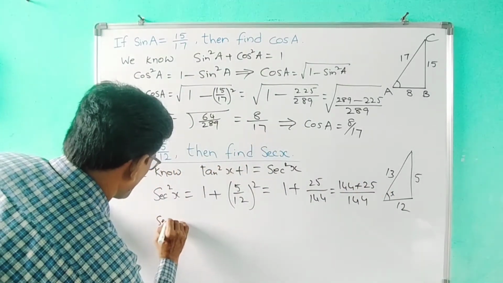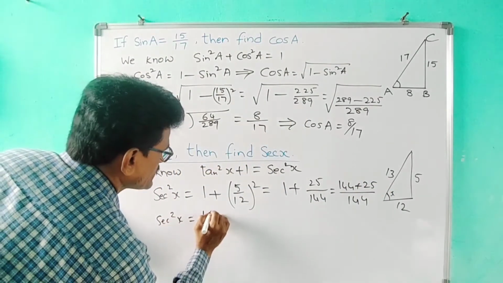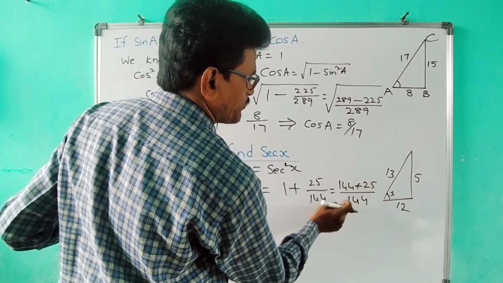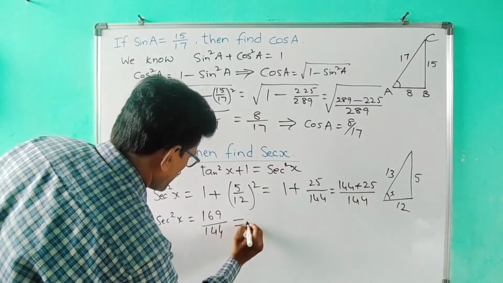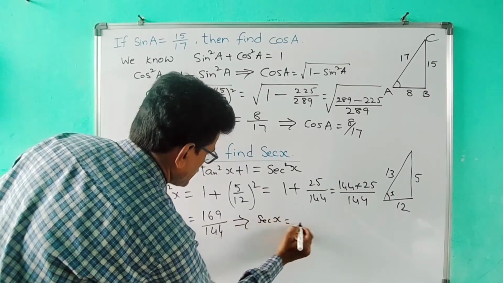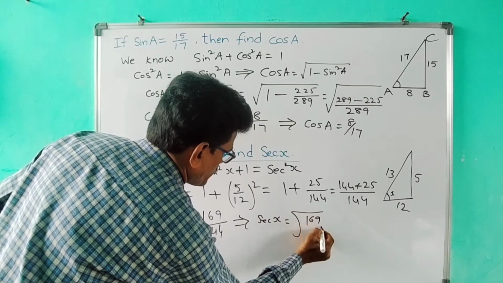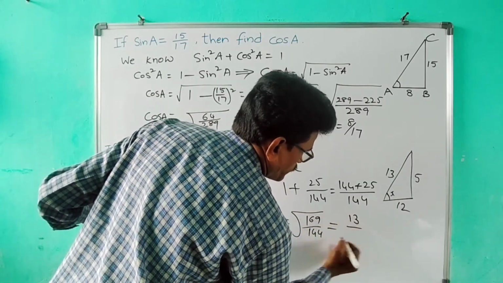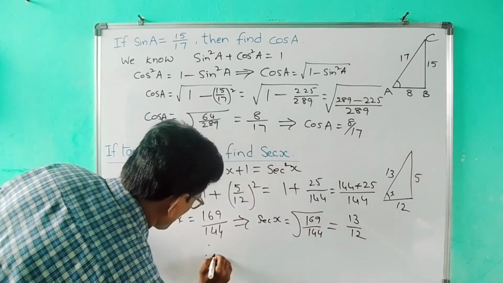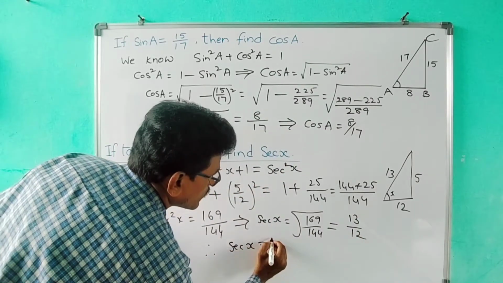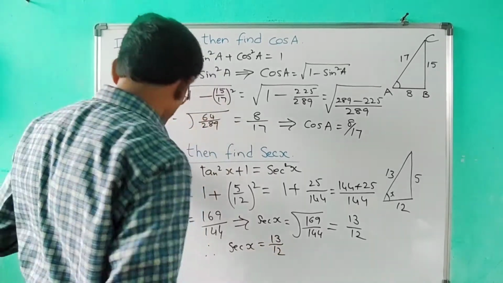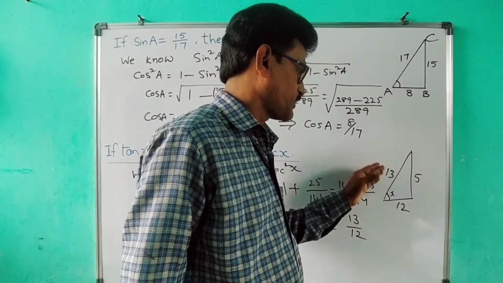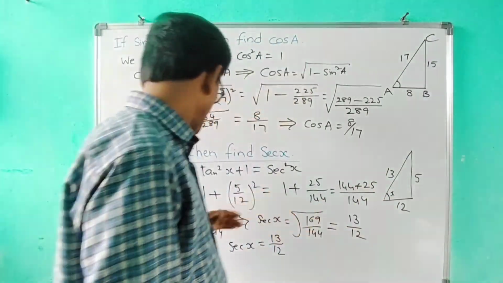So what is secant square x? 169 by 144. That implies secant x is root of 169 by 144. Root of 169 is 13, root of 144 is 12. Therefore secant x is 13 by 12. So using the identity we are getting secant x as 13 by 12. Here also secant x is hypotenuse by adjacent, 13 by 12.